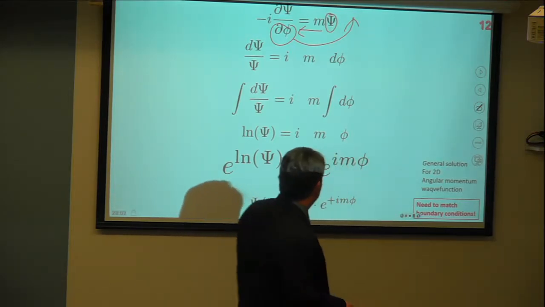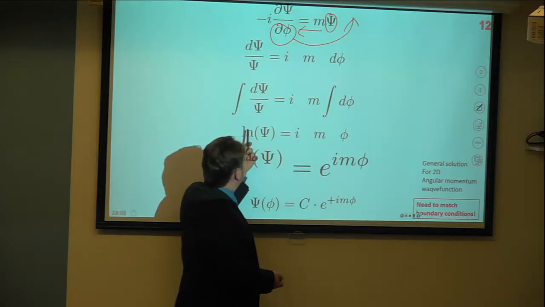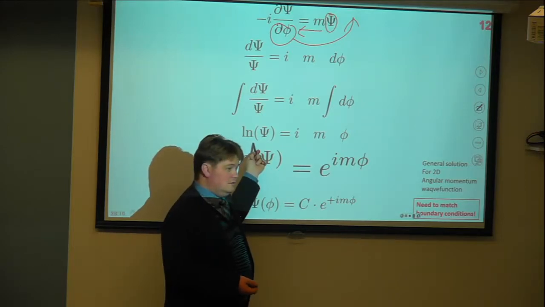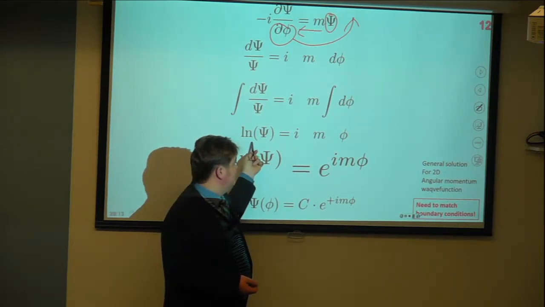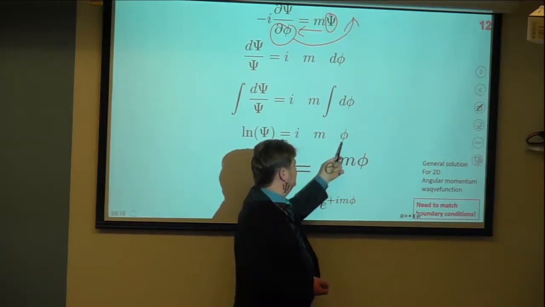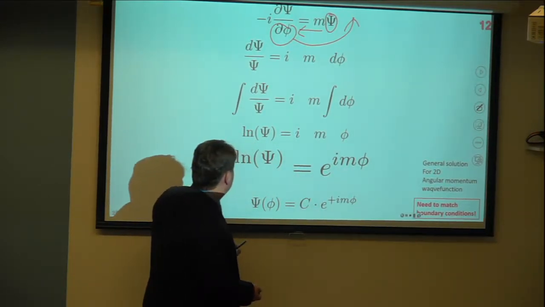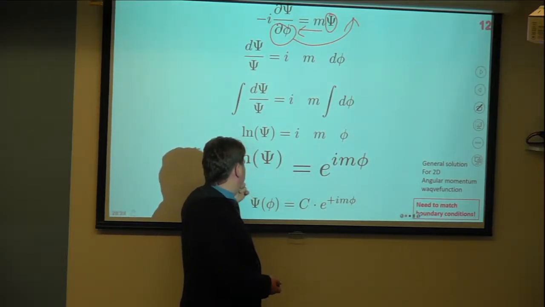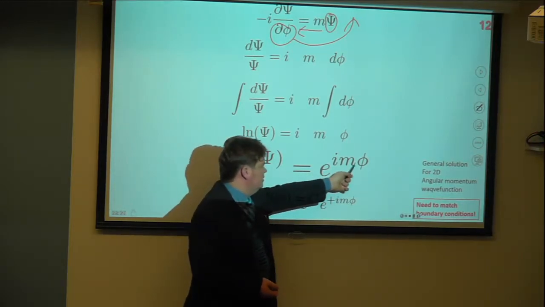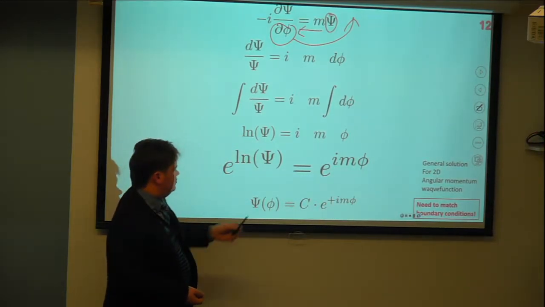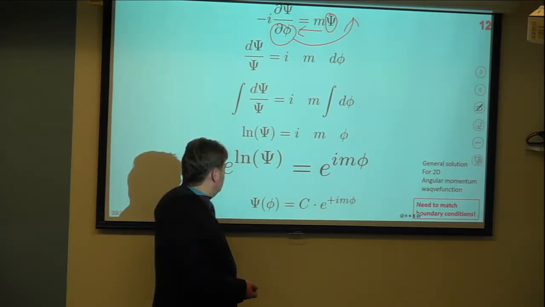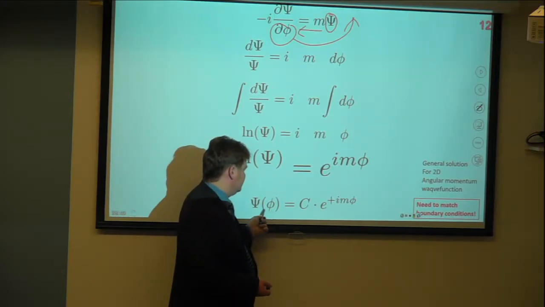So one can practice integration of the left and right part. Integral of 1 over function will be logarithm, right? Integral of the differential will be just the variable. And then if one takes the exponential, the logarithm of the unknown function will be this, so the exponential of eigenvalue times independent variable. And then the exponential of logarithm will be the function itself.